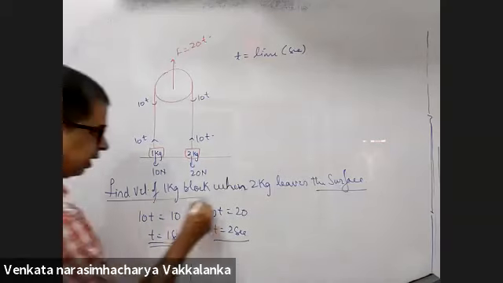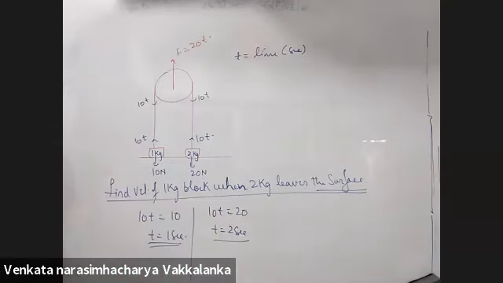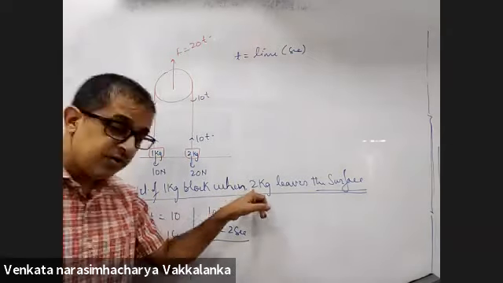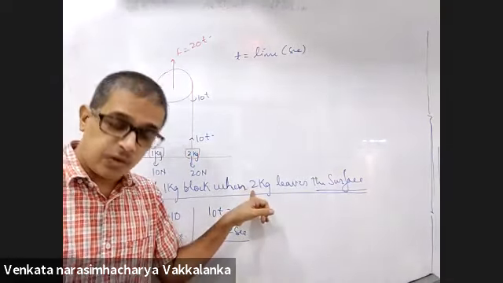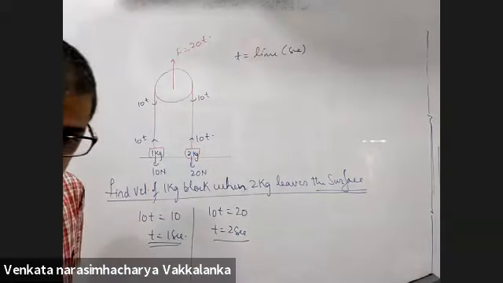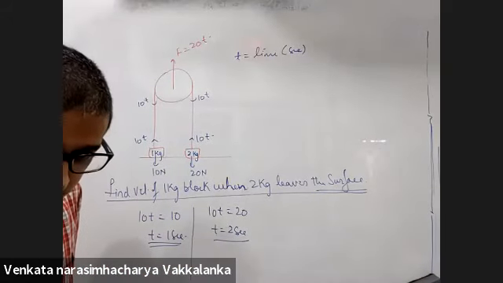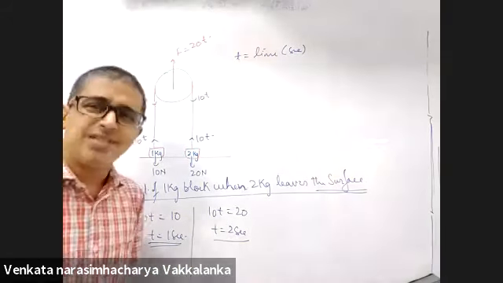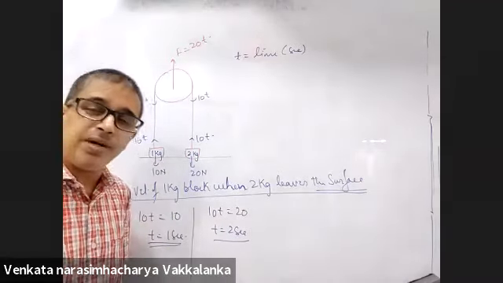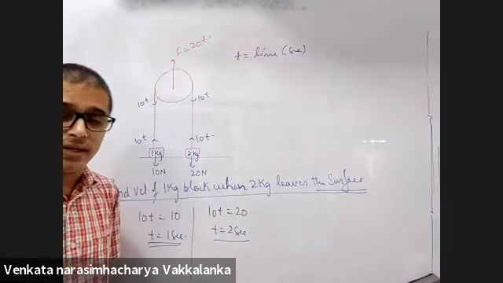Can you read this line? Sir, so we have to find the velocity of the 1 kg block at 2 seconds. Please read this line aloud. Find velocity of 1 kg block when 2 kg leaves the surface. That's it. Why do you want me to give the interpretation for that statement? That becomes a hint.